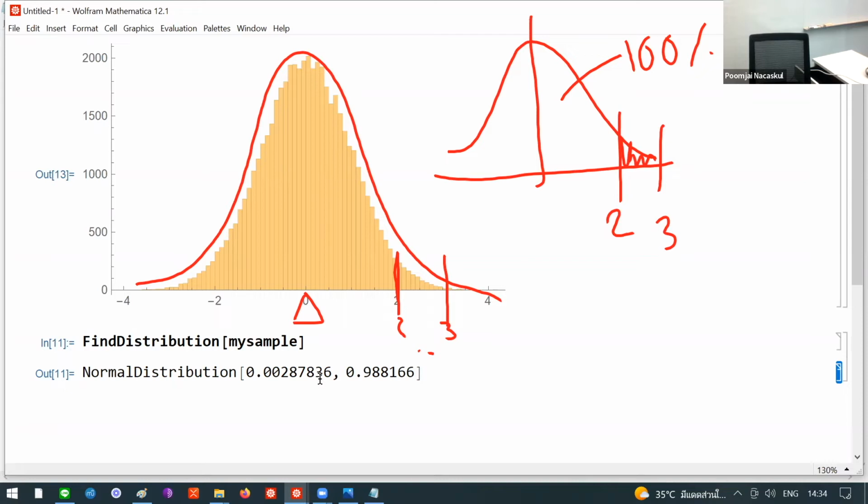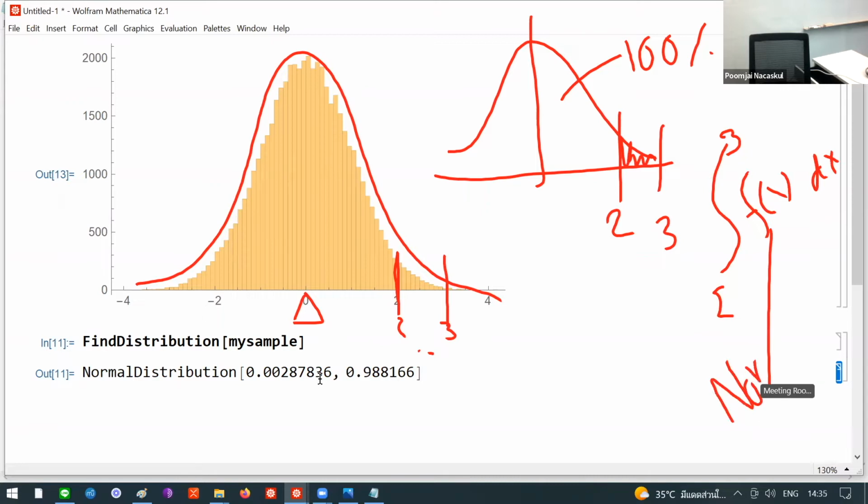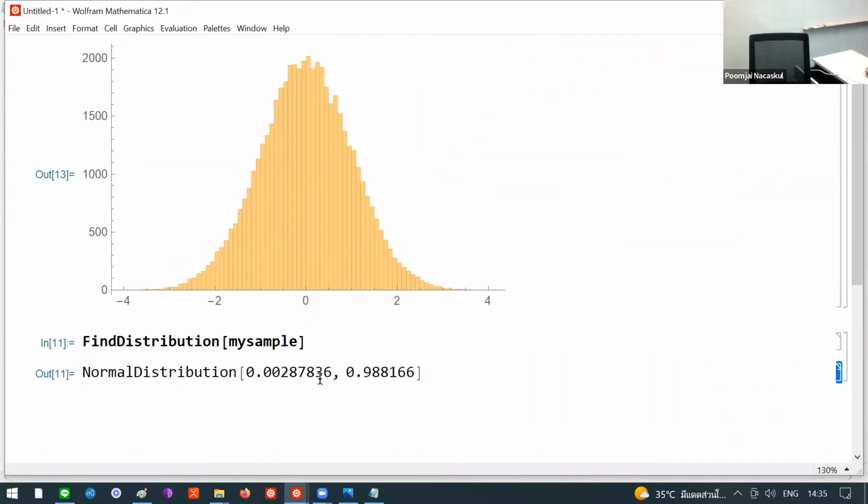So what's the probability of getting wet? It's the integral from 2 to 3 dx of this function f of x, where this function is called the normal distribution. If you didn't know any better, you wouldn't be able to predict where it's going to rain.